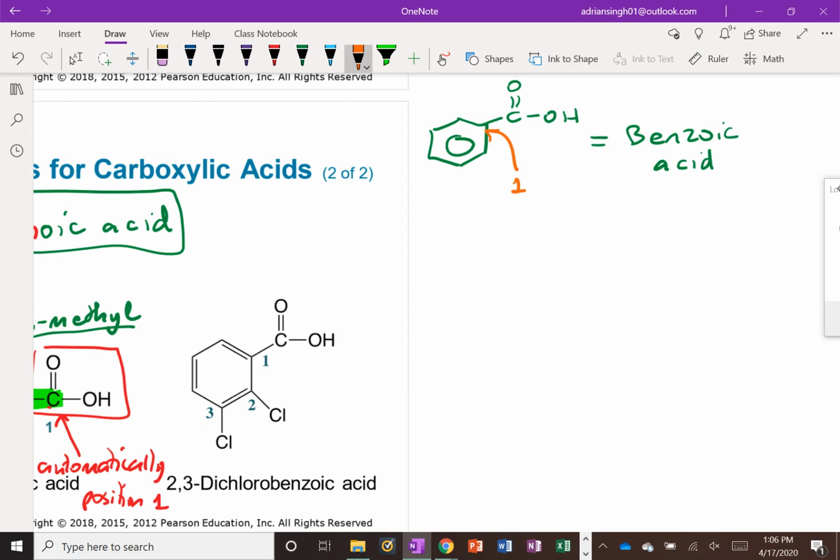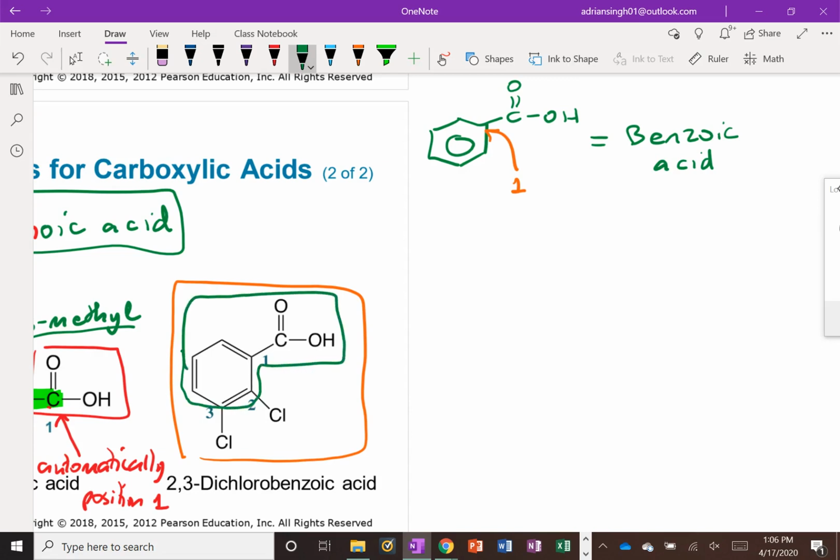All right, we said that when you have a ring structure and you only have one thing attached to it, that position has to be number 1. So if we have a molecule that looks like this down here, you have to recognize that you do have benzene attached to a carboxylic acid, so that would be your benzoic acid.